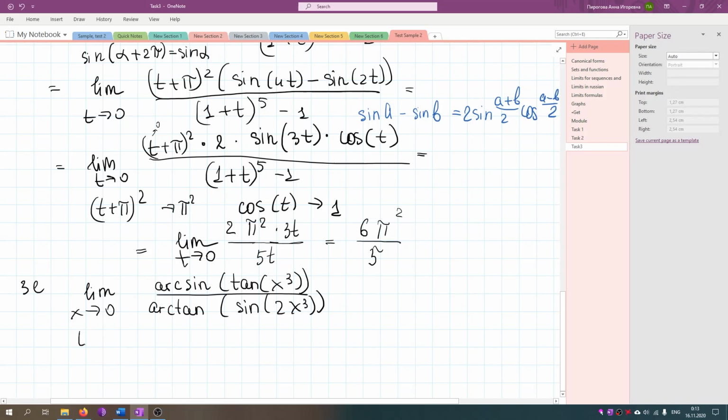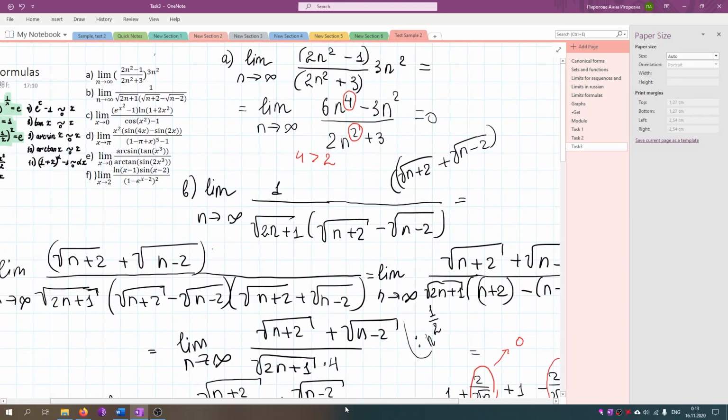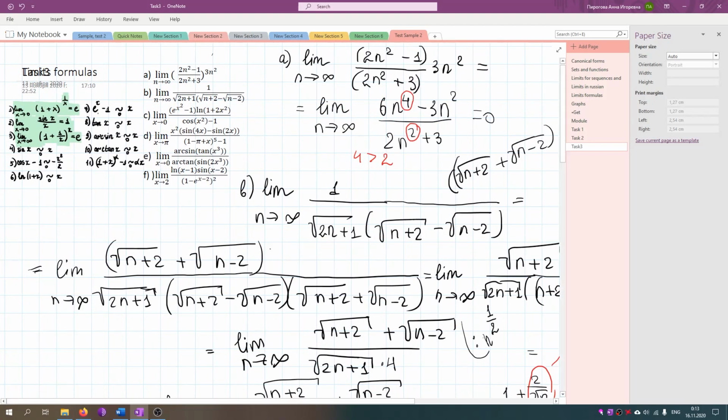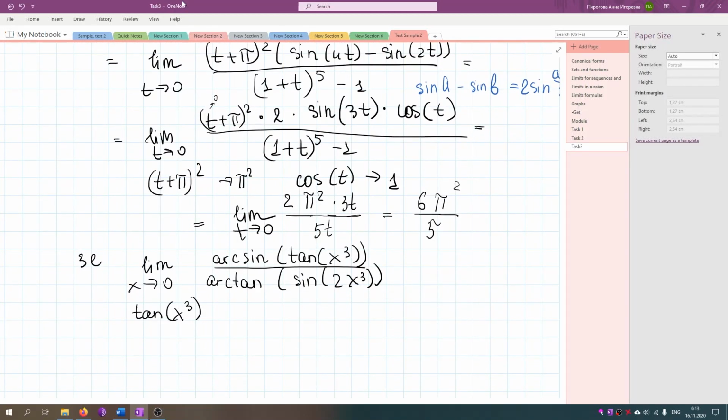So let's start with this function. As you can see from the formula, tangent x is equivalent to x at 0, and in our case our argument is not x but x in the third power.